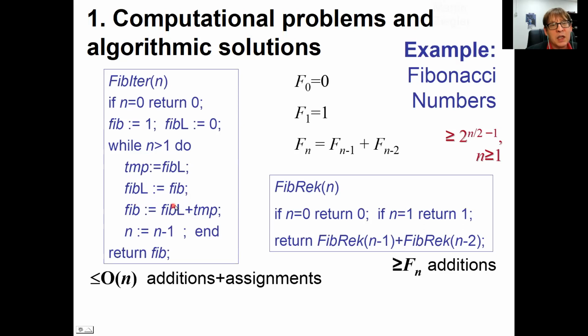And each execution of the loop body involves 3 operations, 2 simple data copies and 1 addition. So the number of additions and assignments that we count here are really linear. It's 2 times assignments, 1 times addition, and some decrement, linear in n.